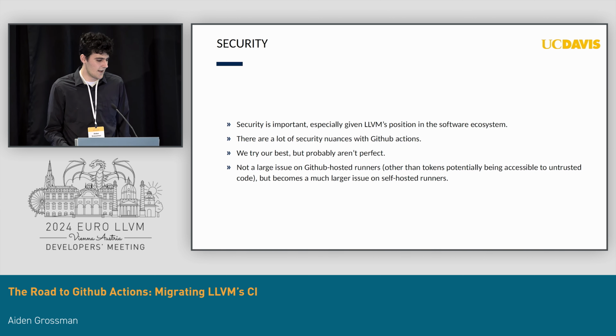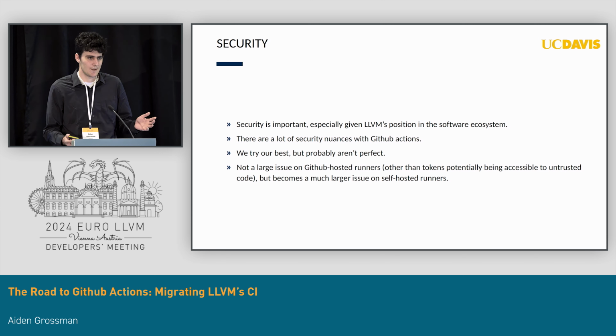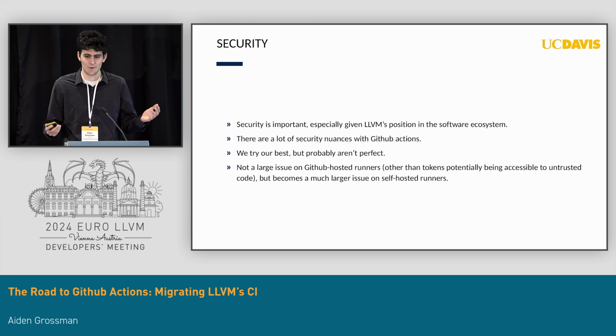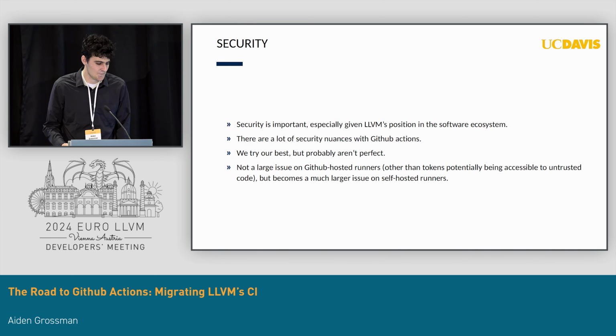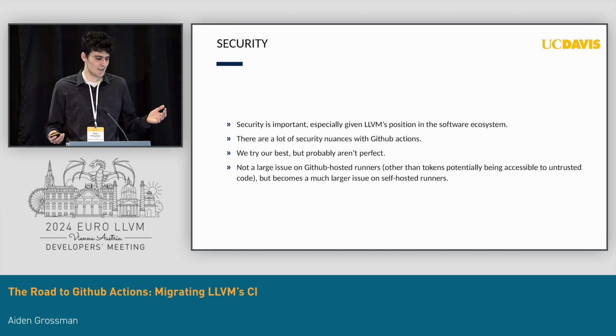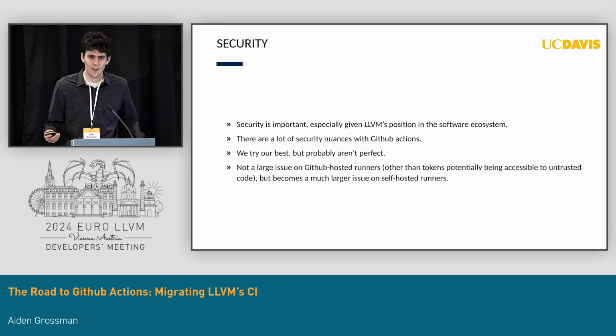And then security is, especially with the recent XZ backdoor, something that a lot of people are thinking about. So it's pretty important, especially given LLVM's position in the software ecosystem. It's pretty important with CI, where you have things like tokens floating around that give you, in some cases, direct access to the project, or at least access to specific things on GitHub that you don't want falling into the wrong hands.